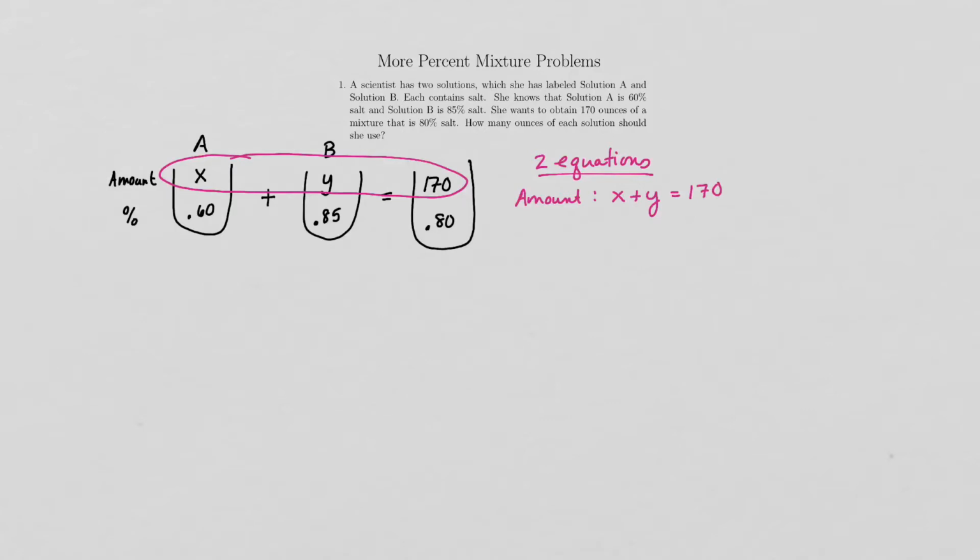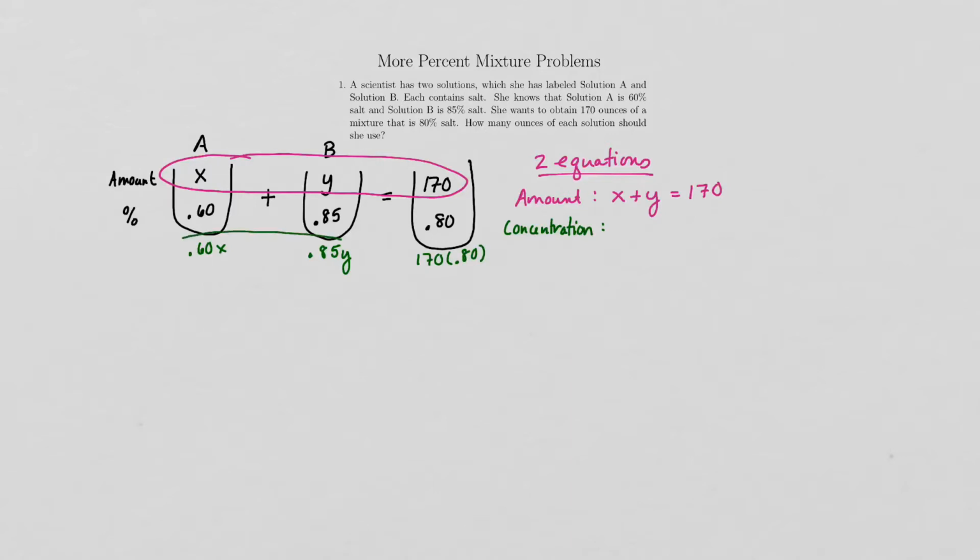And then the other equation is what I call the concentration equation. The concentration includes the amounts and the percentages. So what we're actually going to do is take each of these beakers and multiply the two things together. In each of the beakers, I'm going to have 0.60x, 0.85y, and 170 times 0.80.